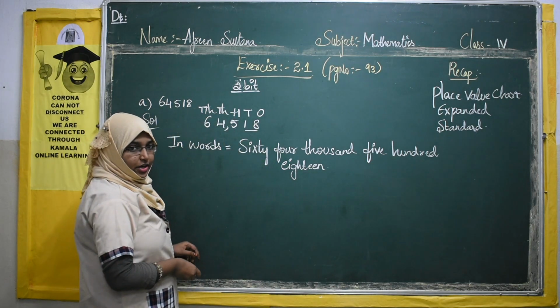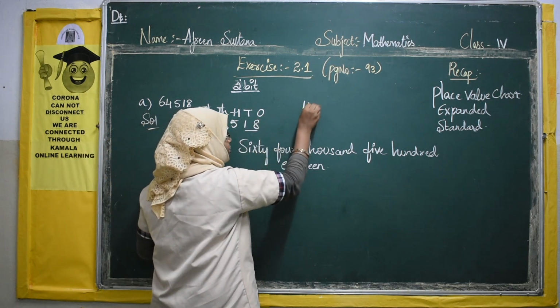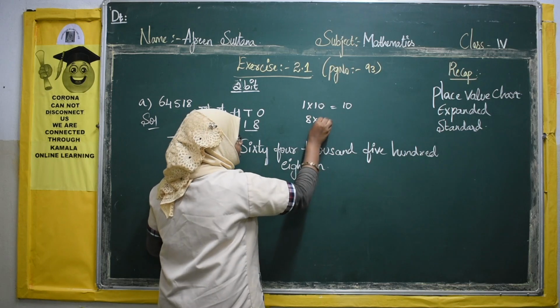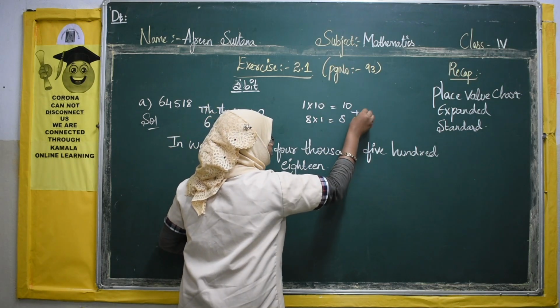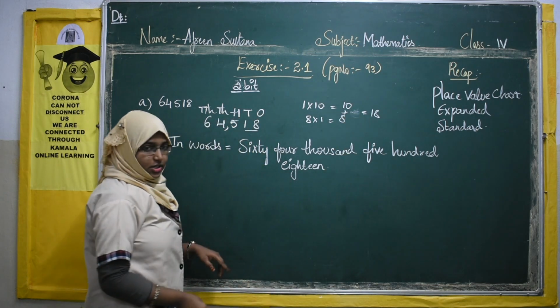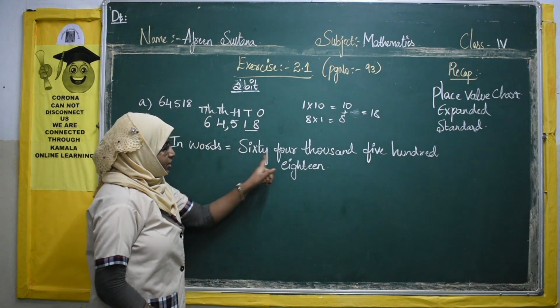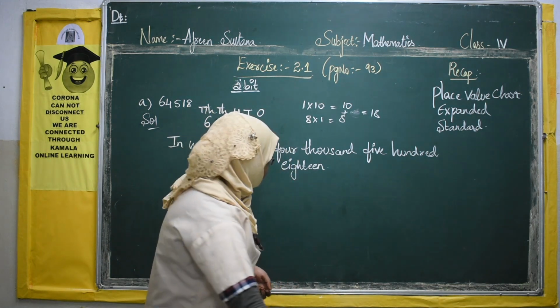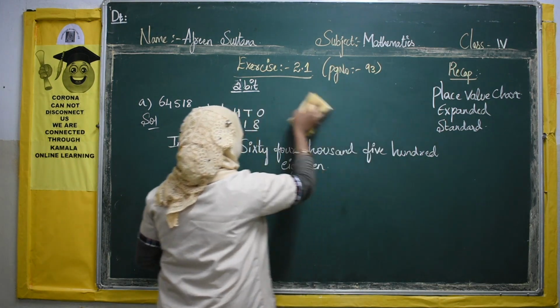We know place value already, right? 1 into 10 means 1 tens are 10. 8 ones means 8 into 1 is 8. 10 plus 8 is how much? 18, right? 10 plus 8 is 18. That's all we have written. 64,518. Right? Now let us move on to the second one.